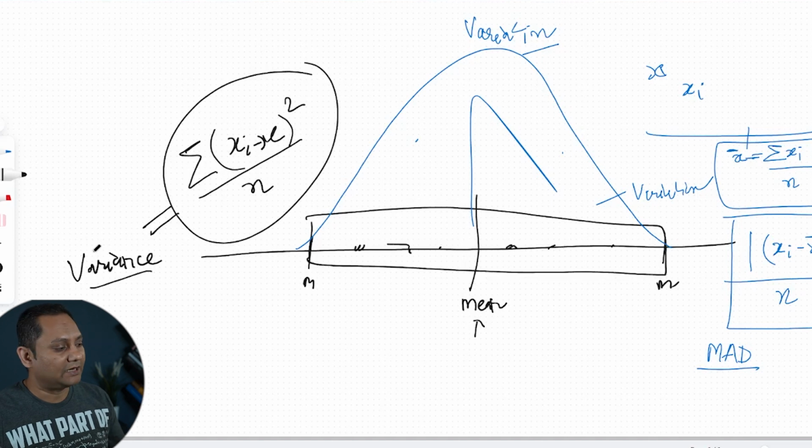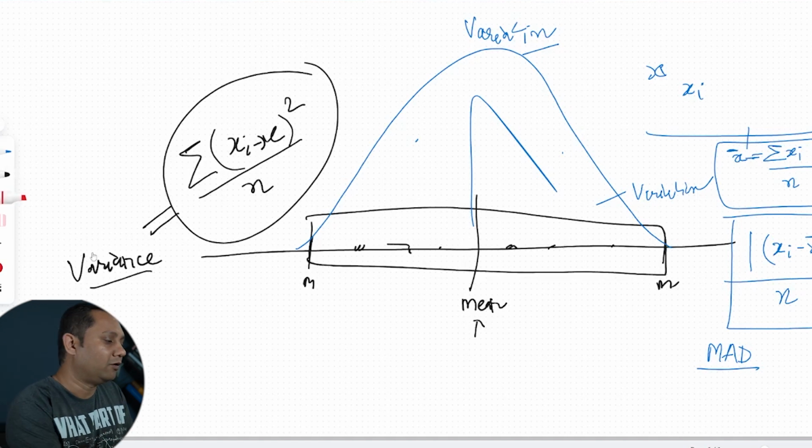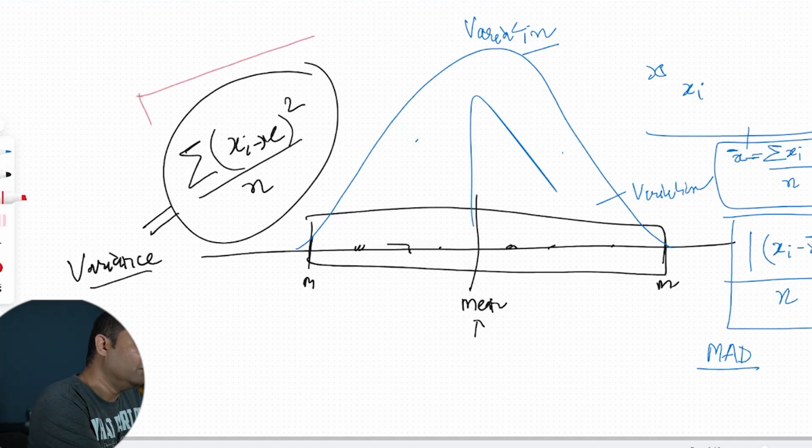That's variance. But again, this will be a big number. It will not give you any intuitive understanding about your data. So for that, we take the square root. Because we are squaring, if we take the square root, what we get is the standard deviation.